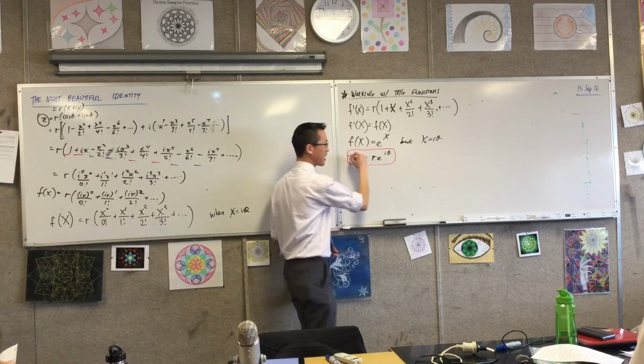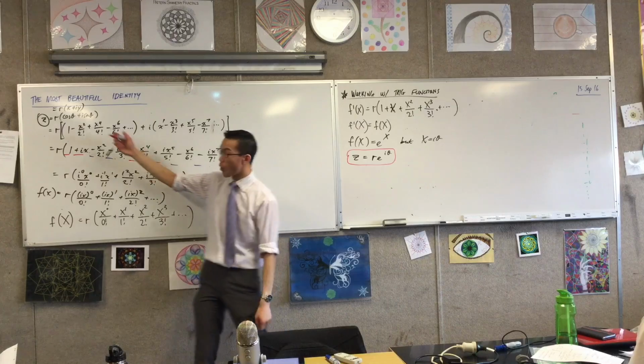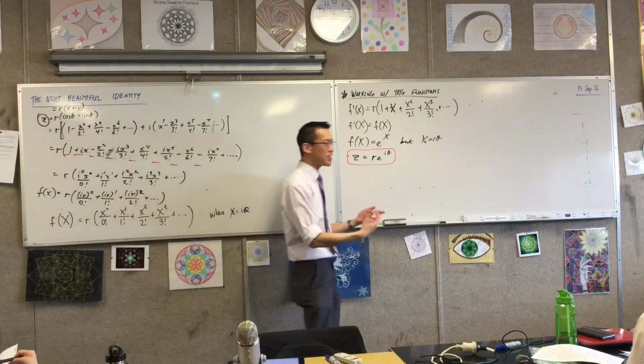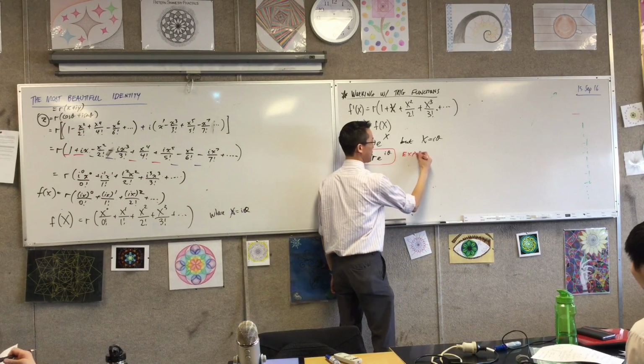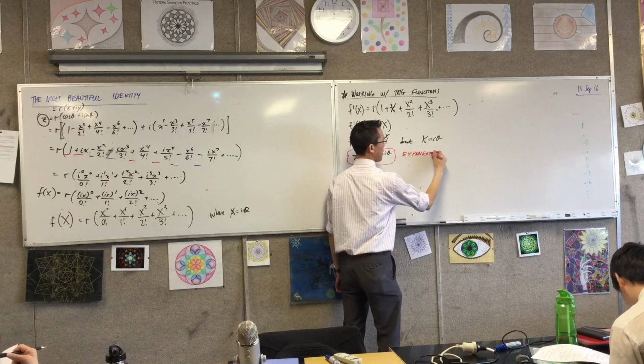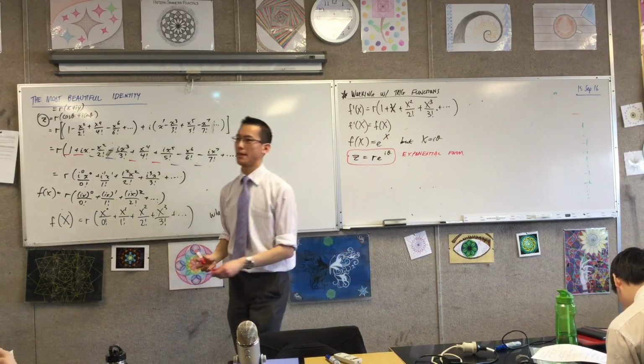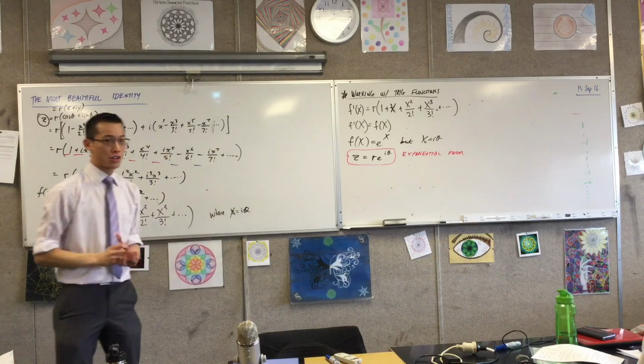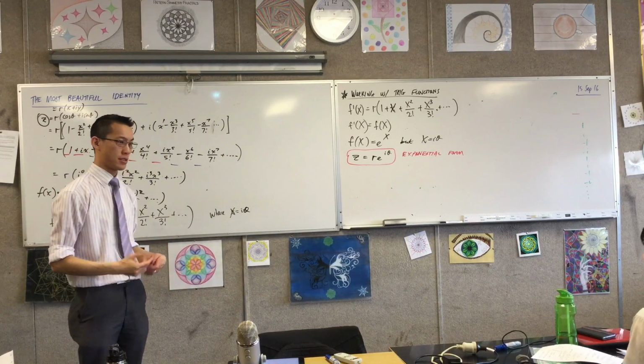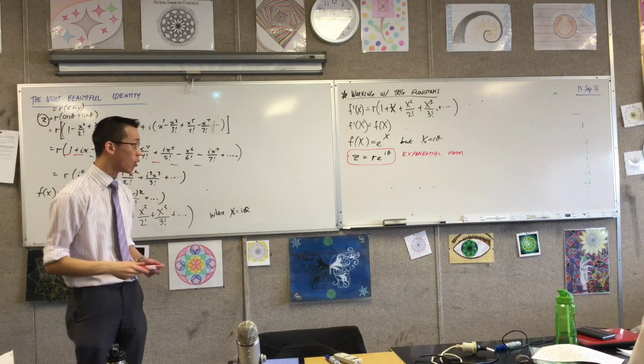We met the rectangular form. We met the polar form. Unoriginally, this is called the exponential form. Now what this means is I can write any complex number like that, just like I can write 1.75 as 1 3/4 or 7 quarters or 175%.